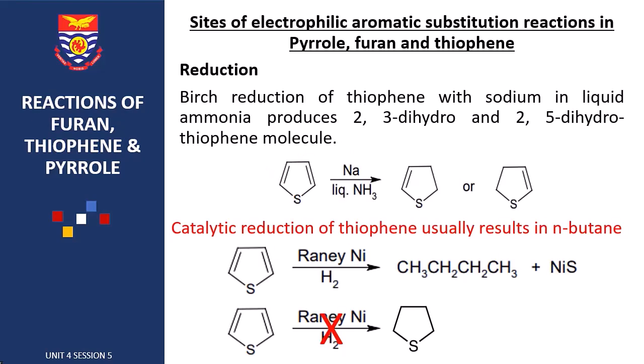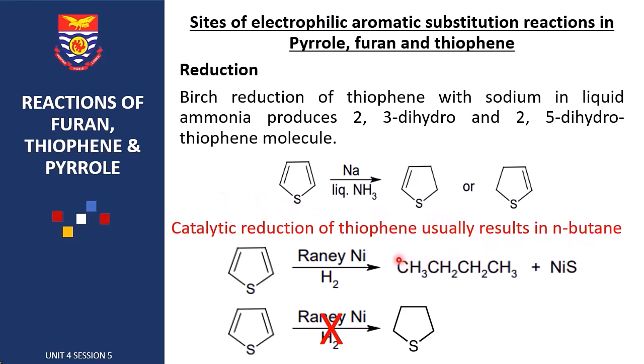Next is to look at the reduction reaction of these three heterocyclics. Now the Birch reduction, which involves sodium in liquid ammonia, produces the 2,3-dihydro product or the 2,5-dihydrothiophene product. So it's either one of these that the Birch reaction produces, right? And the catalytic reduction of thiophene usually results in n-butane.